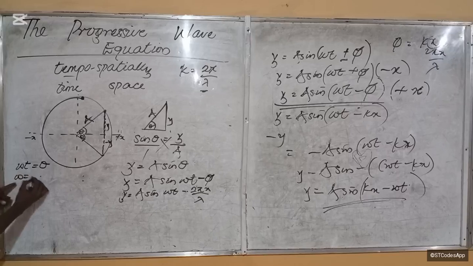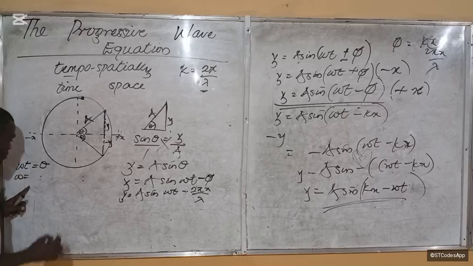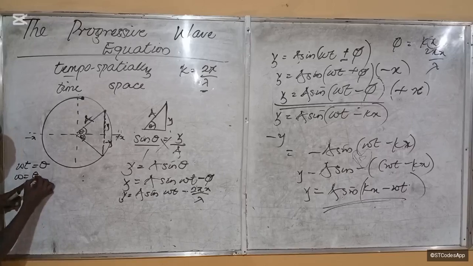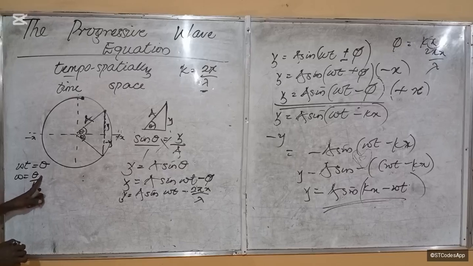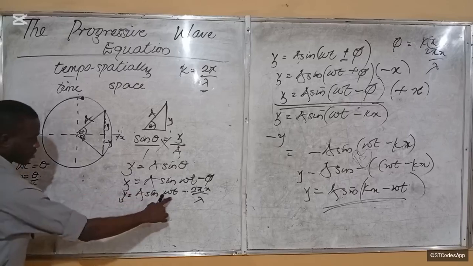Why? Because omega is angular speed. If you remember in circular motion, angular speed is angle covered per time, just like speed equals distance per time. So that's where this is coming from.